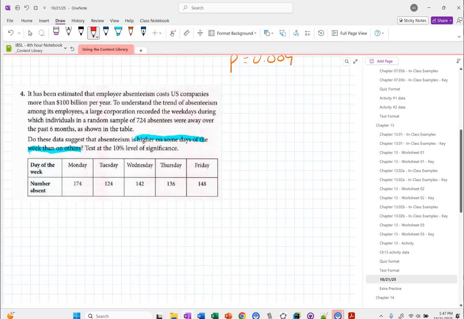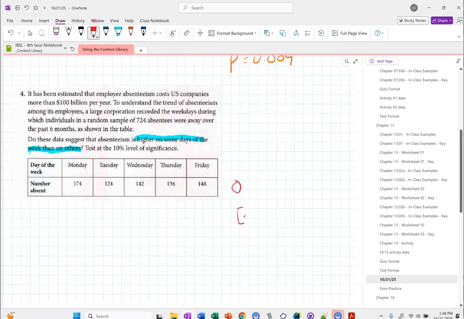The null hypothesis then is that the observed absences are a good fit to the known distribution of absences, which is equally likely. The alternative is that they're not a good fit. Again, don't say they, be specific, but we're talking, so I'm going to say they. So these are the observed.